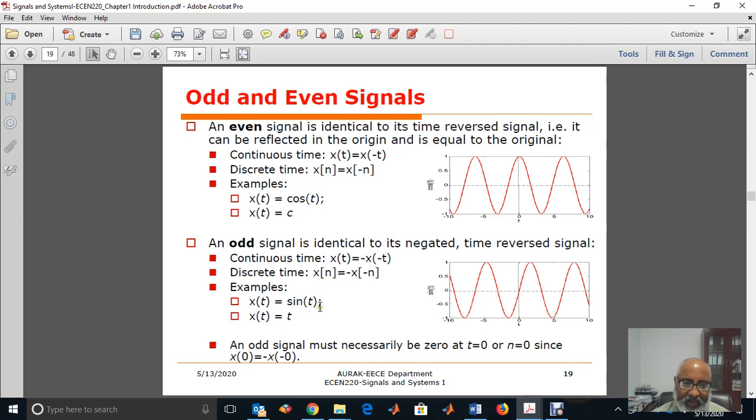Sine of minus t is equal to minus sine t. And x of t equal to t. These are odd functions. An important property for an odd signal is that the value at 0 is equal to 0.